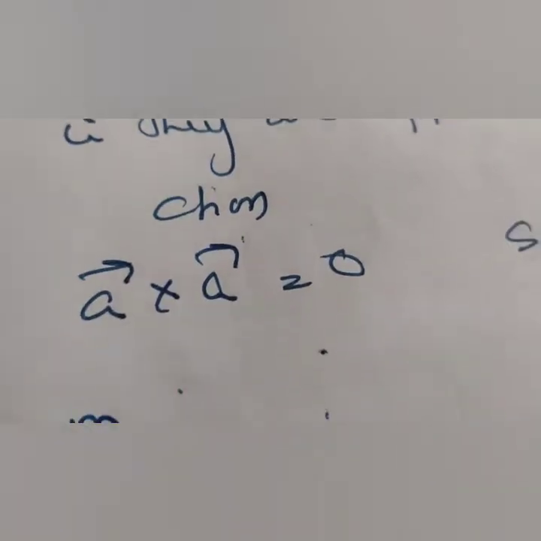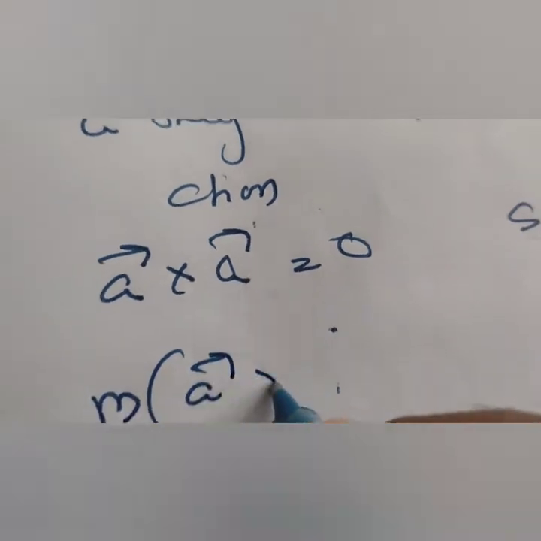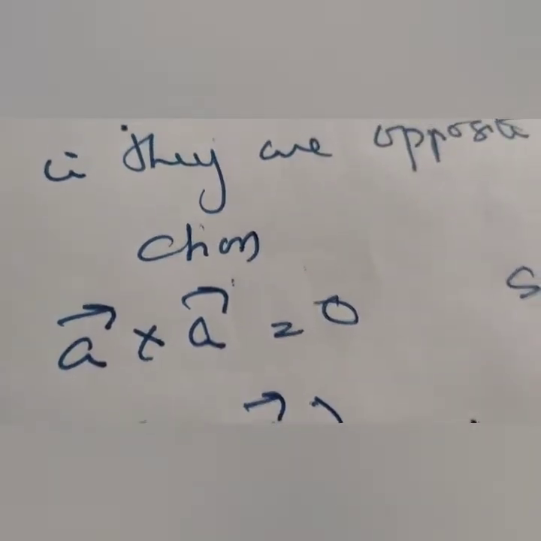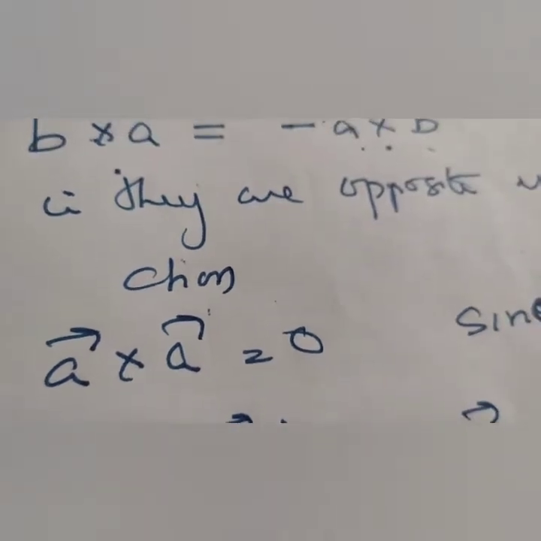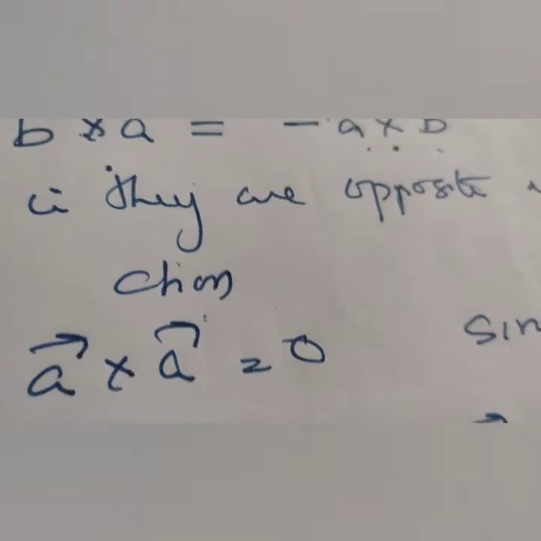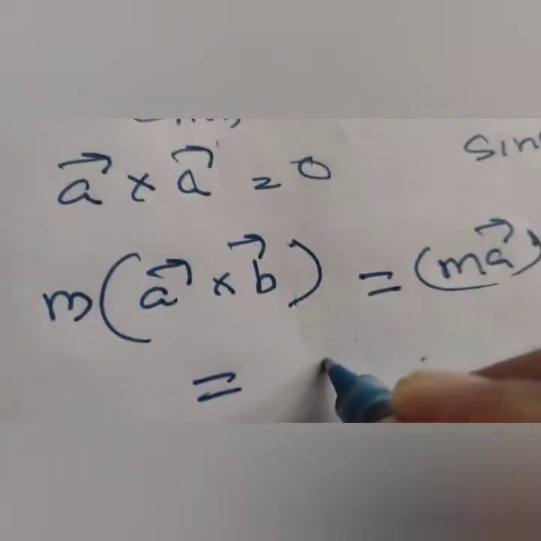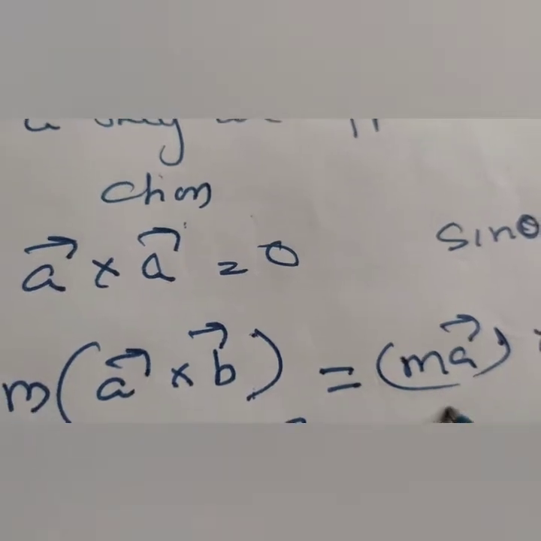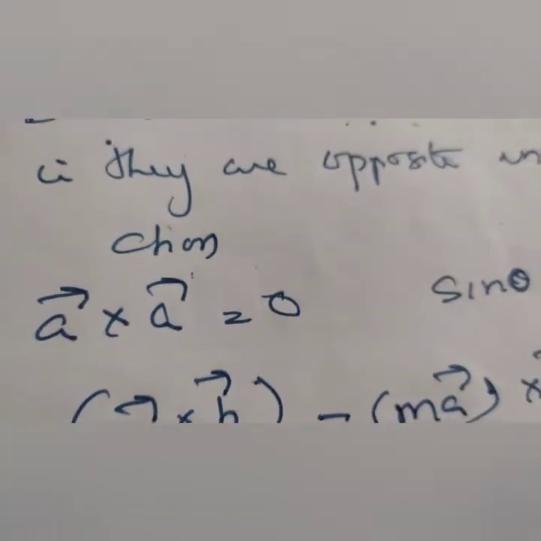Then you can multiply by a scalar. m times A cross B will be equal to mA cross B, or equal to A cross mB.